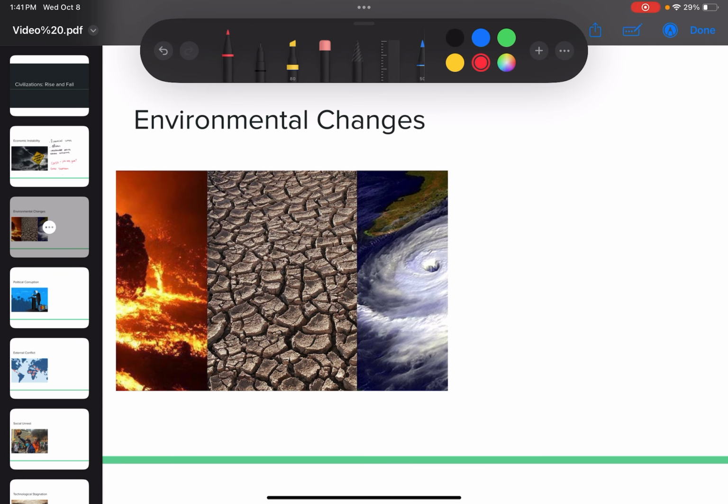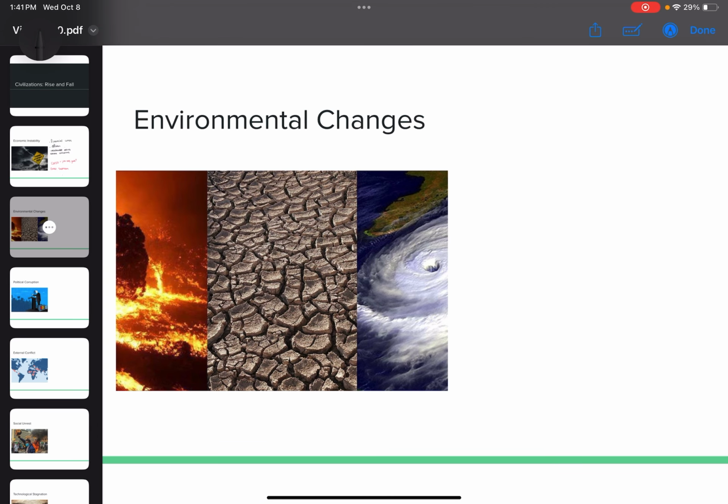Moving on to the next one, there's environmental changes. This can show up in a ton of ways, and this is increasing in how we see it lately. The first one would be climate shifts. The next one would be deforestation. And this shows up in an example like right here, right?